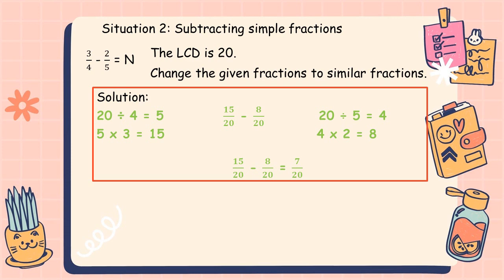Then for the next one, 20 divided by 5, that is 4. So 4 times 2, the numerator, that is 8. So we have 8 over 20. Now, this is already a similar fraction since they already have the same denominator. So we can perform the indicated operation, which is subtraction. So we are going to subtract.